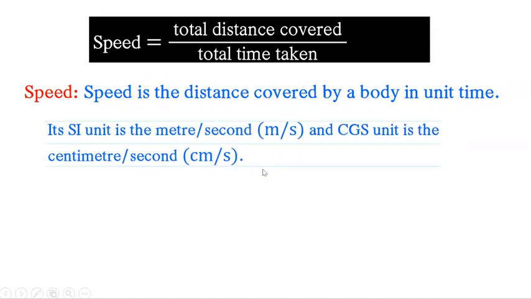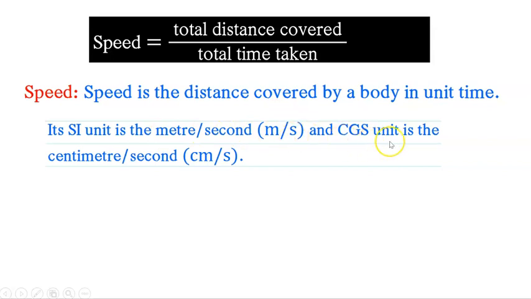What about the unit in the SI and CGS systems? How will the unit be? Distance is measured in the SI system in meters, and time in seconds. Therefore the SI unit is meter per second, written as m per s.